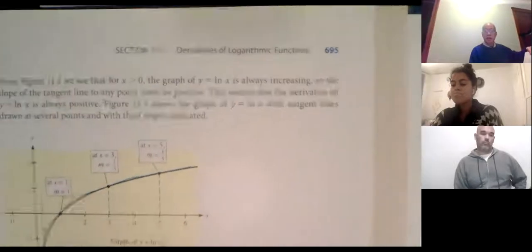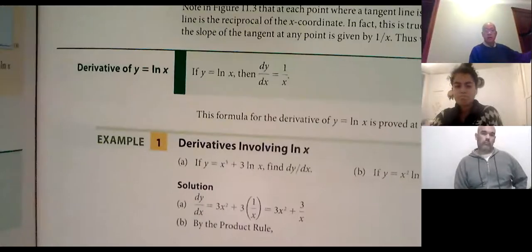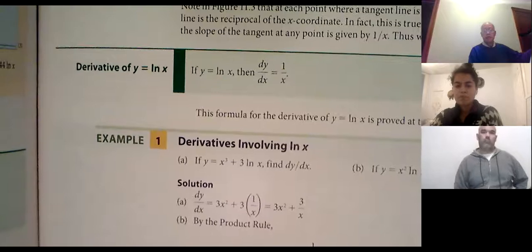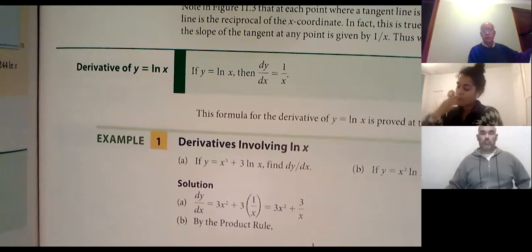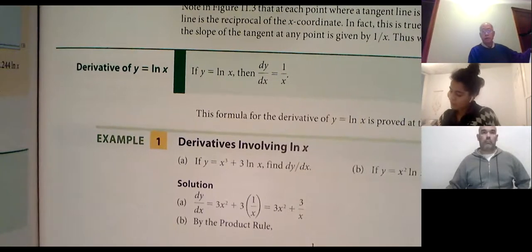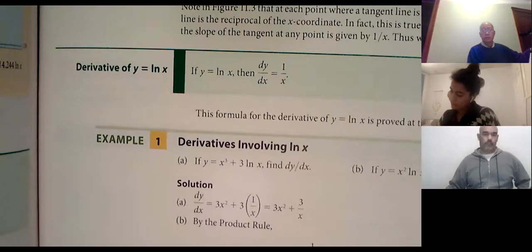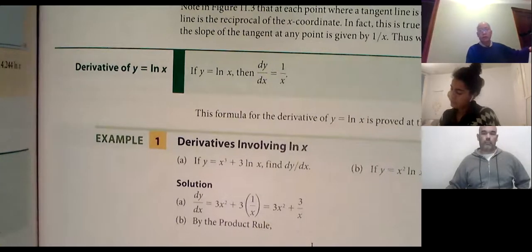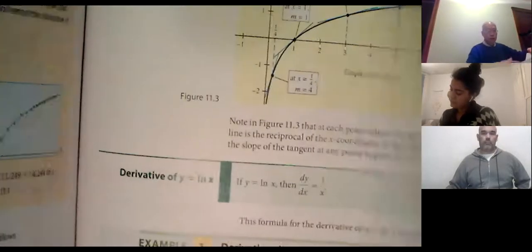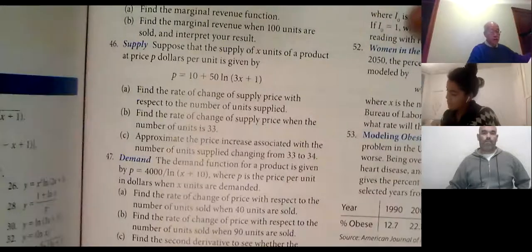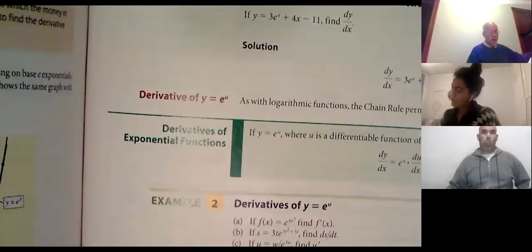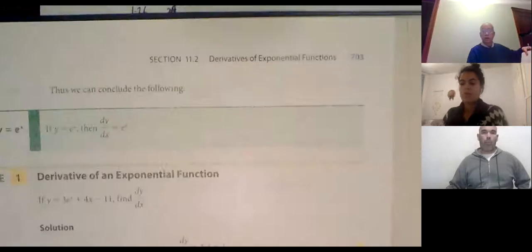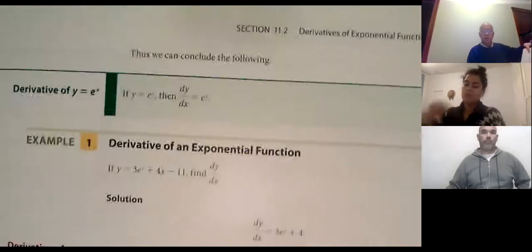The one formula for 11.1, it's my 695, but wherever it is, here it is. If y equals natural log of x, dy dx is 1 over x. Put that on your cheat sheet. And this is still being recorded, so if worst comes to worst, you can look at the video and catch it there. Then 11.2, which I'm not doing any today, but I want you to at least see it and put it down on your formula sheet. 11.2, my 703.